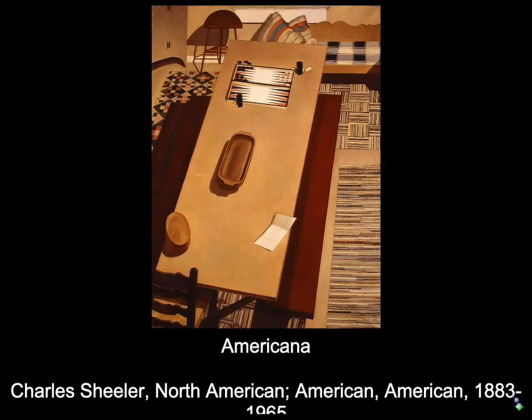So we've seen Sheeler as a painter and as a photographer. I want to just quickly drop back and do one other painting by him, Americana, where again he's asking the American question. This time giving us an interior view. In a sense, you could think of this almost as a still life or a domestic interior.